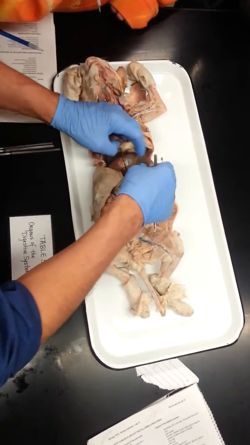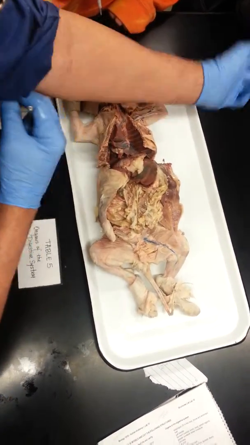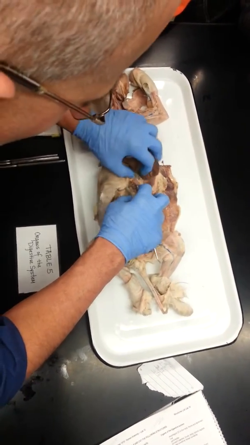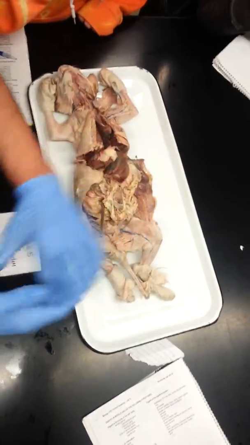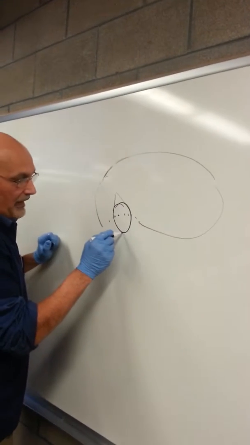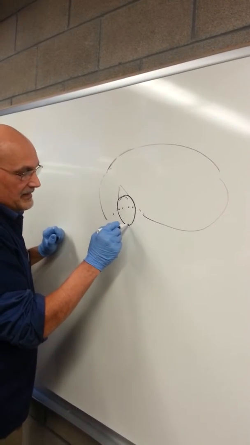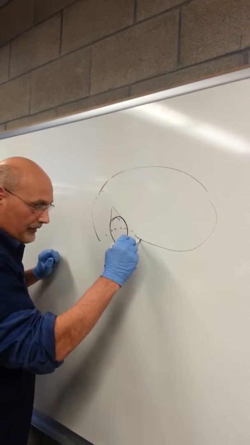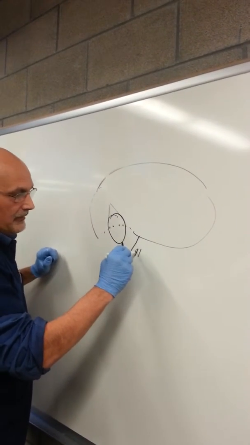Okay, so now to see the gallbladder, this gets a little bit tricky for you. So before I do, let me draw this on the board for you so you understand. Gallbladder. Coming off the gallbladder is the cystic duct. Coming off the liver is a hepatic duct.